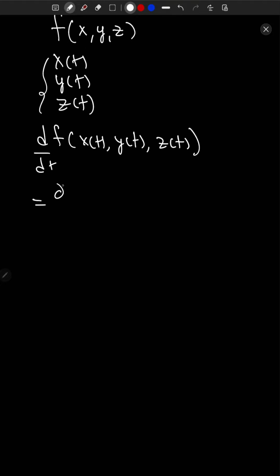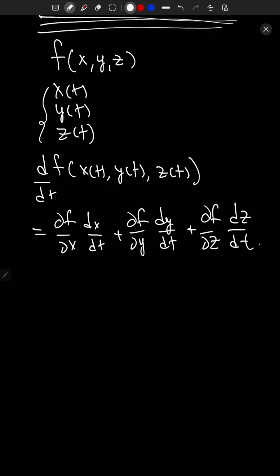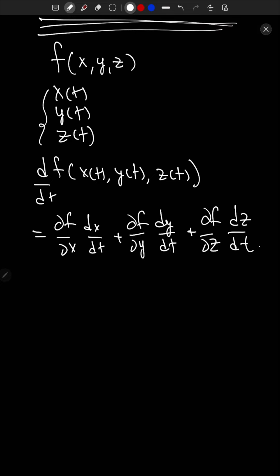This is going to be df dx dx dt plus df dy dy dt plus df dz dz dt. And however many variables you add to this, you just add plus df d whatever that variable is, d that variable dt.